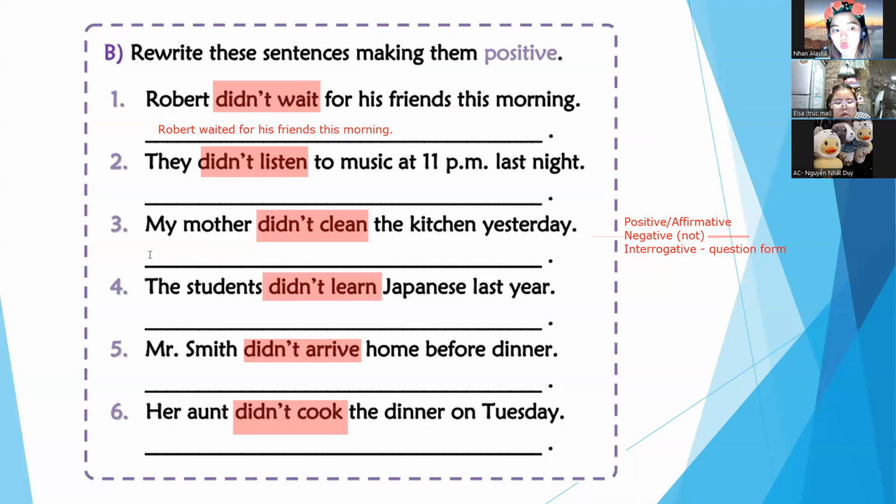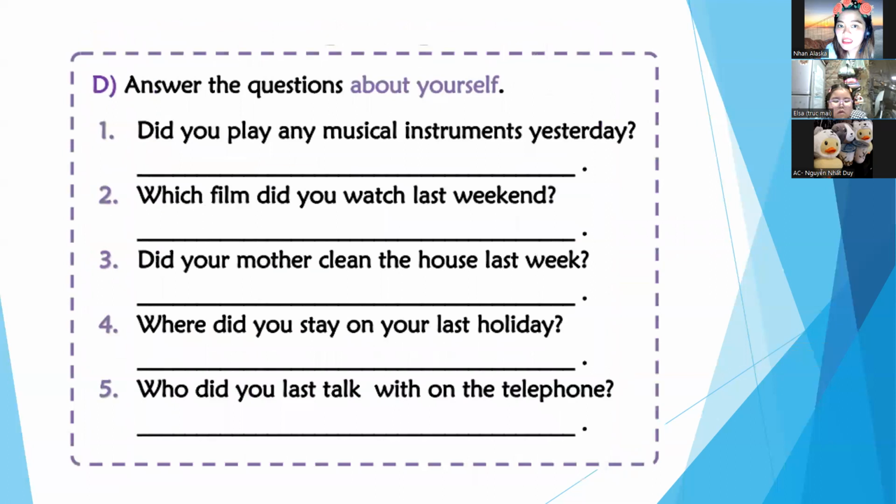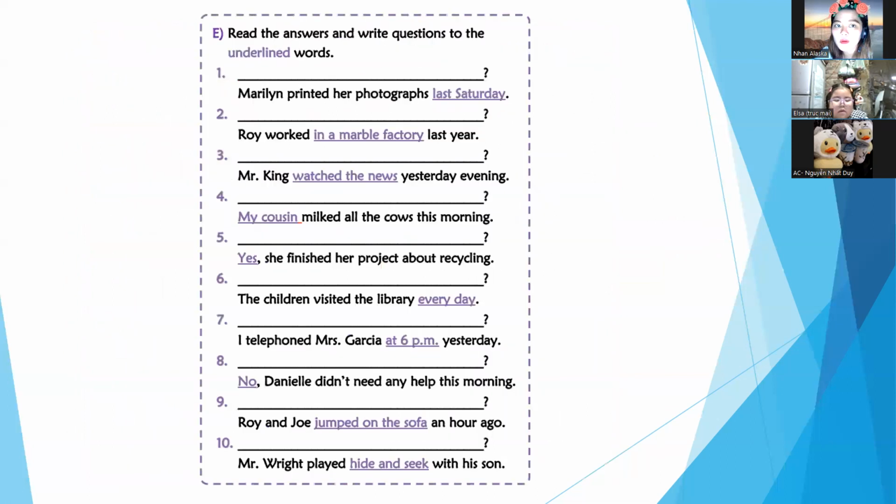From numbers 2, 3, 4, 5, 6, I want you to continue answering the following. But don't worry, for tomorrow we are going to study for 50 minutes, focusing on grammar patterns. I'll be teaching you the negative, and I'll be asking you questions and forming question form, or the interrogative.